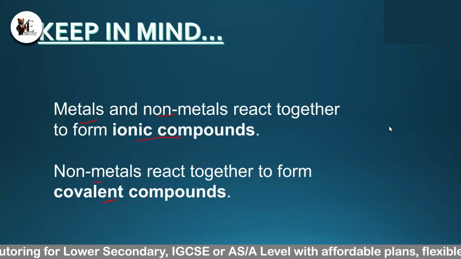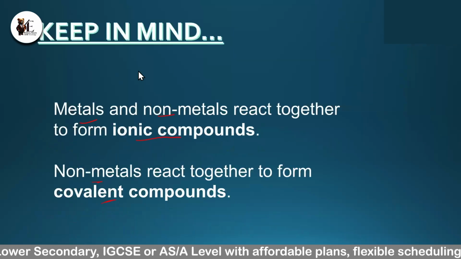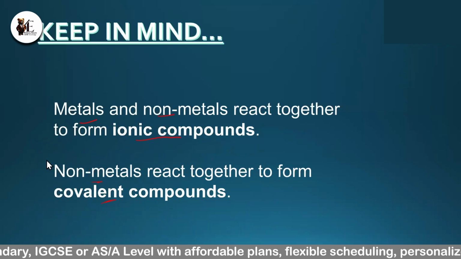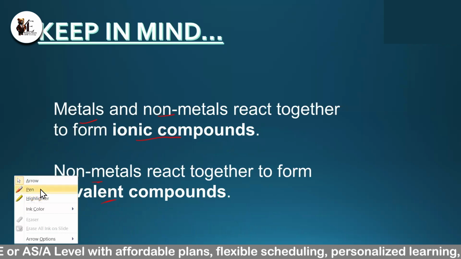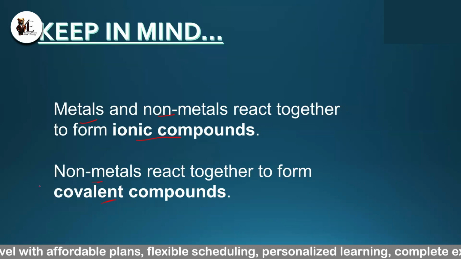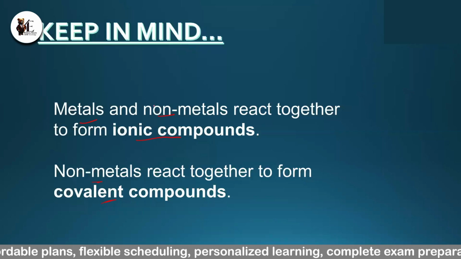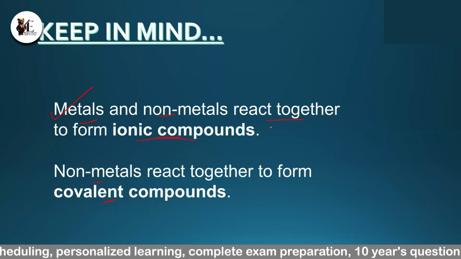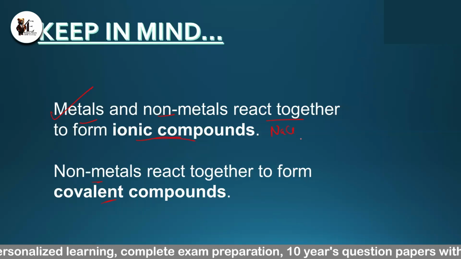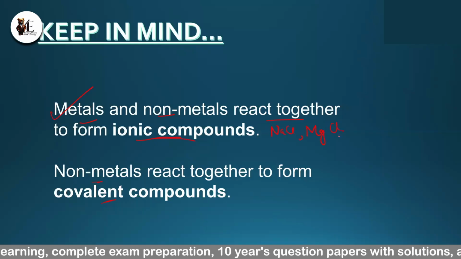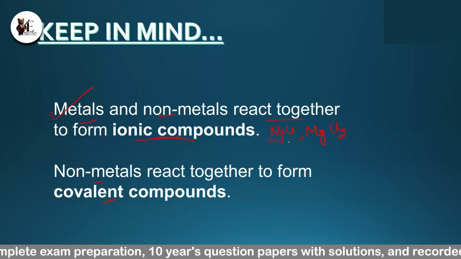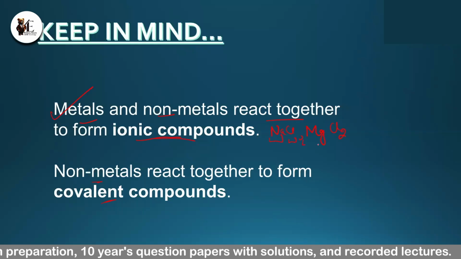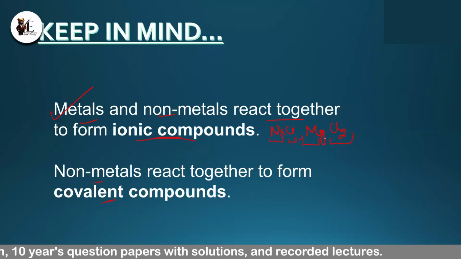Okay. Now we have studied 2 types of bonding, 2 types of compounds, ionic compounds and covalent compounds. Metals and non-metals react together to form ionic compounds. For example, NaCl, MgCl2, where sodium is your metal and chlorine is your non-metal, magnesium is your metal and chlorine is your non-metal.